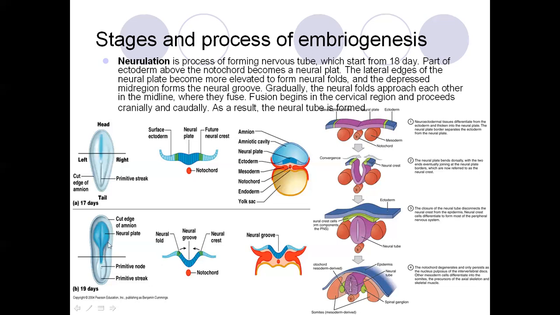You can see the neural folds fusing. This is the neural plate, this cranial part, this caudal part, and this cervical region. Fusion starts in the cervical region and proceeds in cranial and caudal directions. As a result, a neural tube is formed.